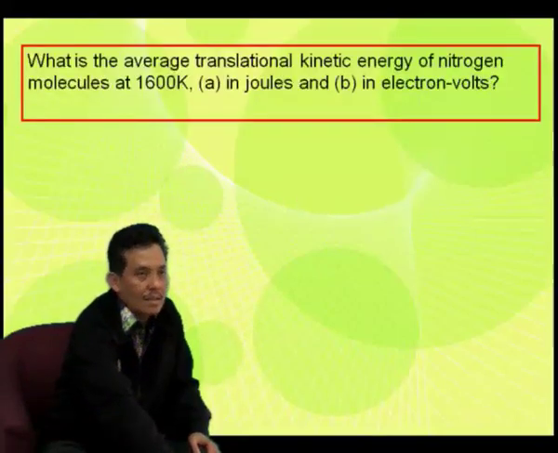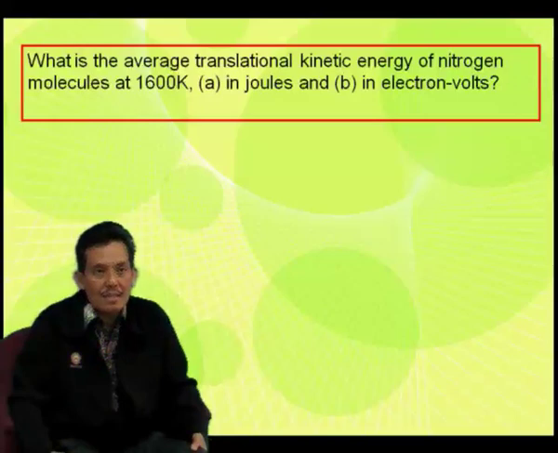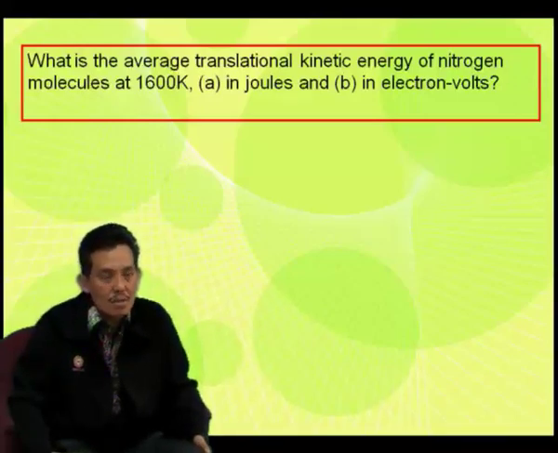The third question is, what is the average translational kinetic energy of a nitrogen molecule at 1600 Kelvin? First in joules and second in electron volts.